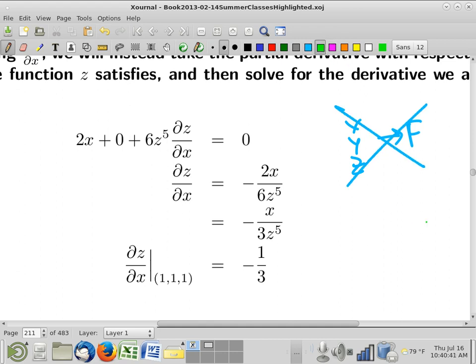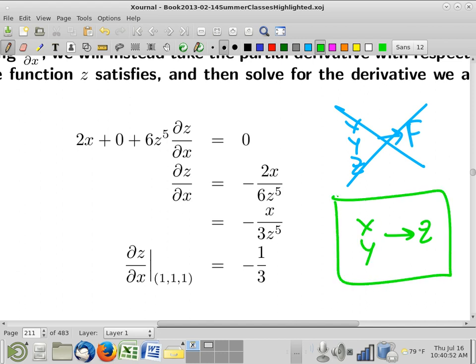My new picture is that z is a function of x and y. So this is my little roadmap. This is my chart of what's a function of what. And now let's take the derivative. The original equation, you'll recall, was x squared plus y to the 4th plus z to the 6th equals 3.